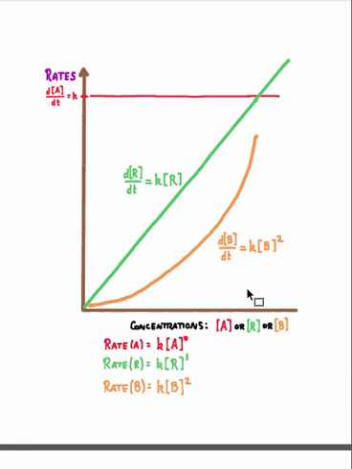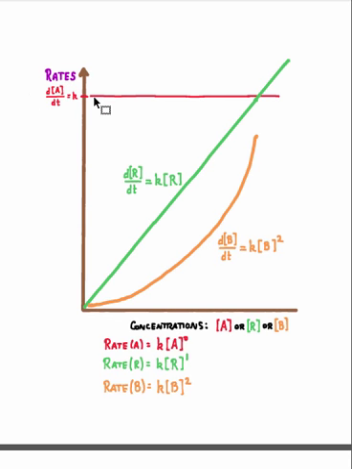Here's another really tricky one you might see. This is, I suppose, the rate on the y, concentration on the x. So if I look at how the rate changes depending on concentration, the answer for zero order is that it doesn't matter.